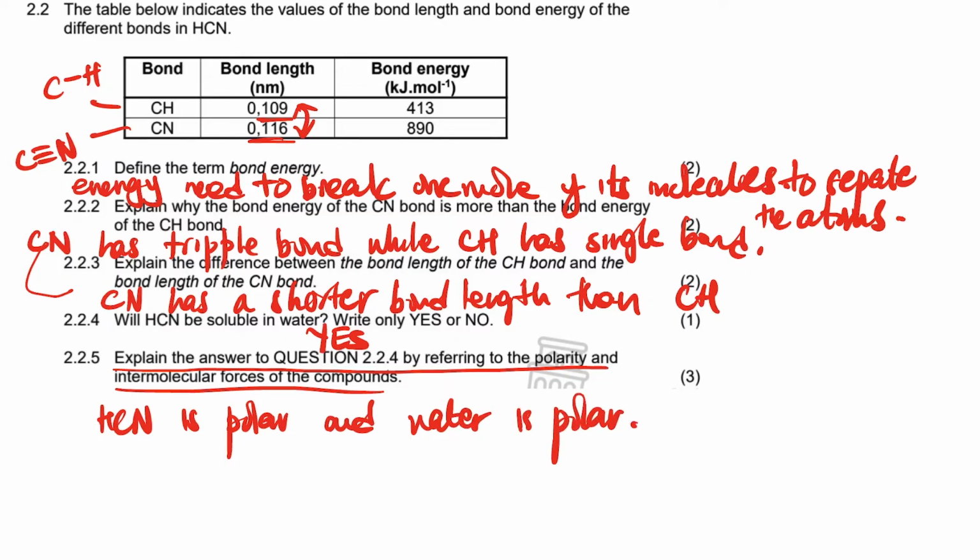So if they are both polar, polar dissolves polar, right? Like dissolves like. If water is polar and the hydrogen cyanide is not polar, it was not going to dissolve. If both were non-polar, it was going to dissolve, like dissolves like. So polar dissolves polar.